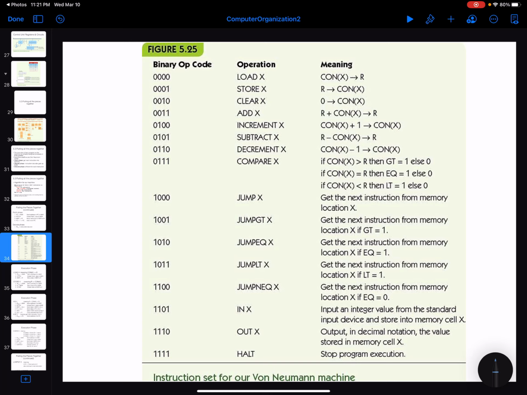I also wanted to talk about a couple of these instructions here. For example, when I'm writing load X, what would happen during the execution? Or for example, when I'm writing a store X, what would happen during the execution?